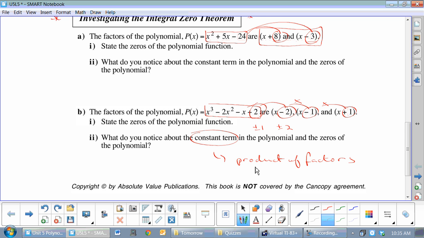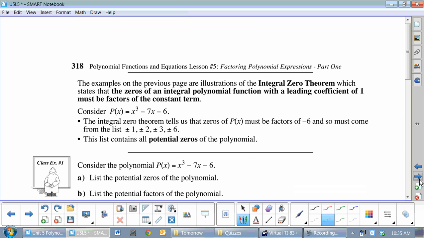If we look at just this one here, here is all of the potential factors, or you could also look at the potential zeros. Remember, zeros were opposite, but when you're dealing with plus minus, what's the opposite of plus minus 1? Minus plus 1. So you actually come up with the same ones. Okay? Just got to keep it straight when you're putting it in your answers. So all the potential zeros of 6, now these are potential zeros. It's not all of them, but these are potential ones. It could be these.